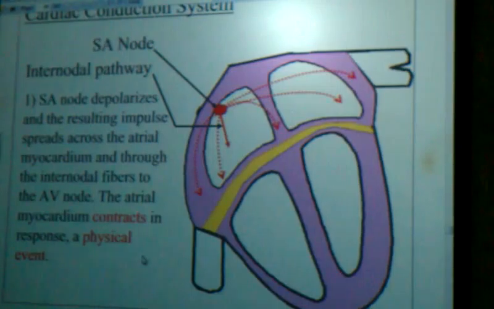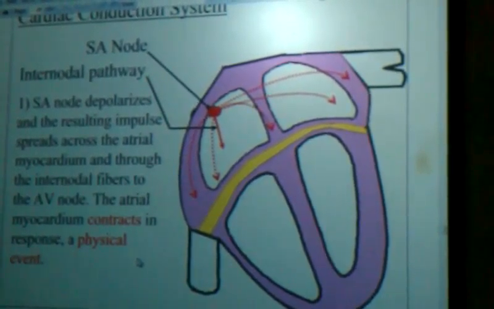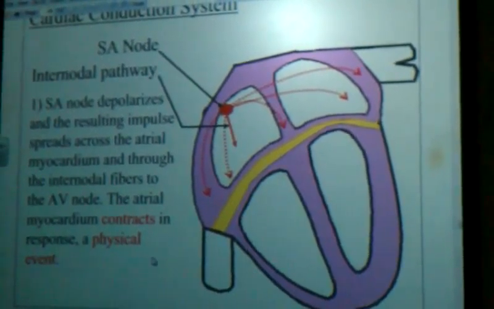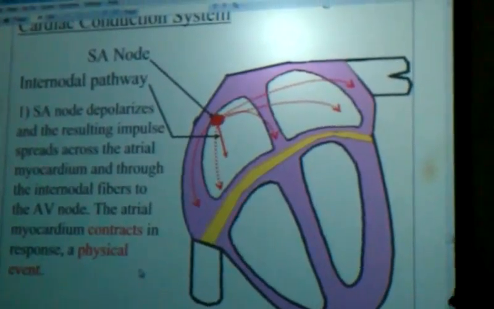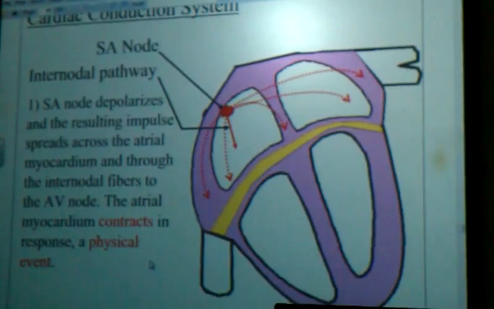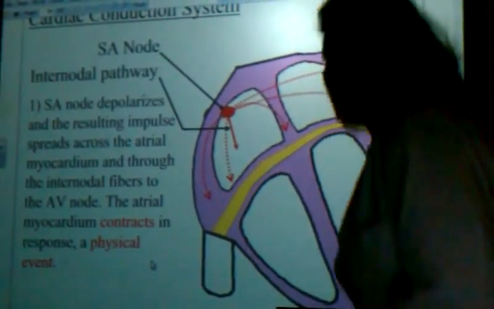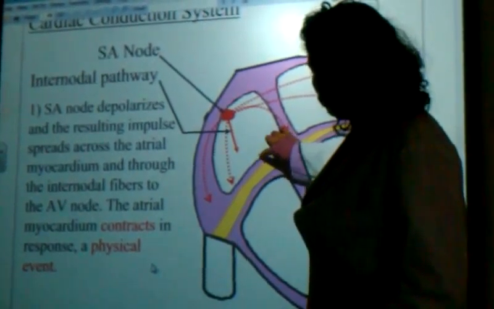It's able to say, okay, our cardiac cycle will occur 70 times per minute. We will have a heart rate of 70 beats per minute. And 70 times every minute, the SA node will send out an electrical impulse. That electrical impulse will be sent from the SA node to the AV node, which sits right about here.